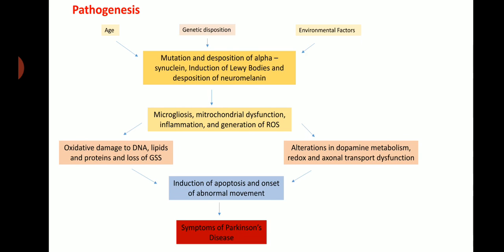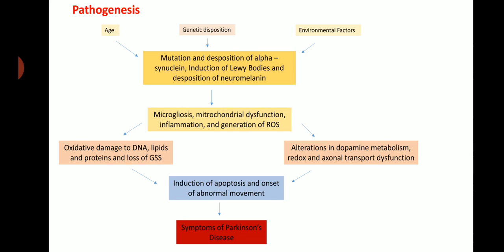What is GSH? It is responsible for neuronal functions and the normal functioning of the brain. If the loss of GSH occurs, then normal functioning of the brain or the neurons will not happen. It will cause neurodegeneration.